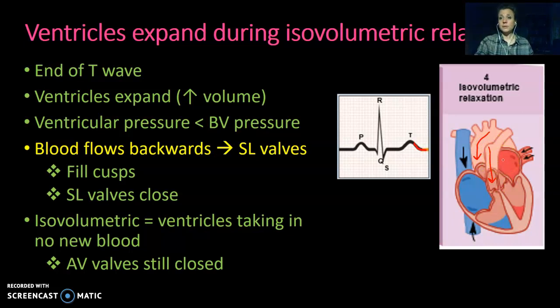And remember, those semilunar valves have that cup-like structure. So when the blood comes in, it fills the cup and pushes it down. In the aorta, that's how our coronary circulatory system is going to receive oxygenated blood to deliver to our cardiomyocytes. So this is a really important part of the whole process.